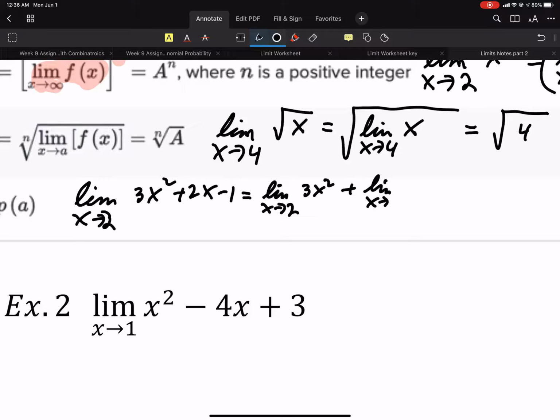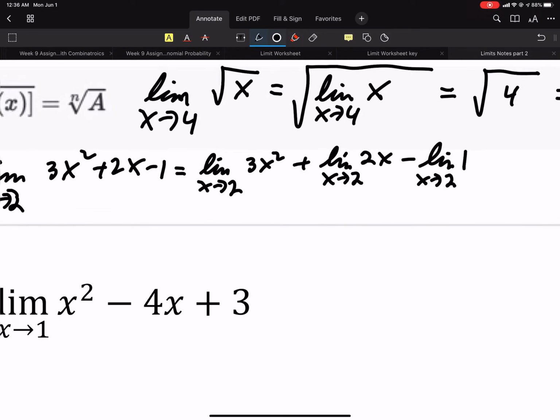Wow, I'm going to get really tedious on you just to show you exactly how we use the properties we're given correctly. So now, wow, I have a constant here. I have a constant rule where I'm allowed to pull the constant out in front.